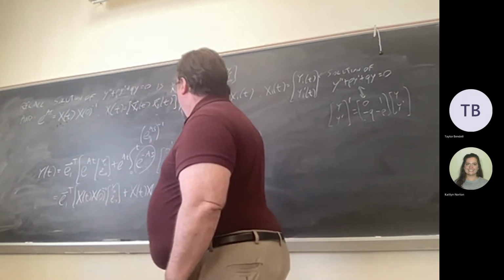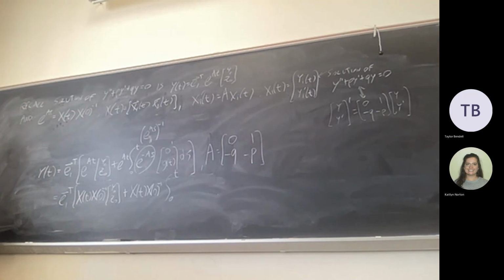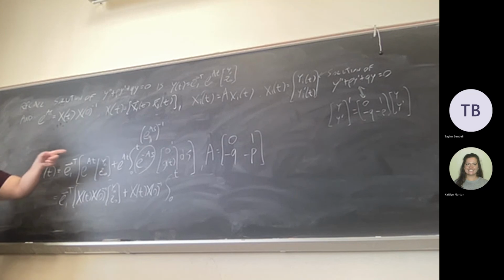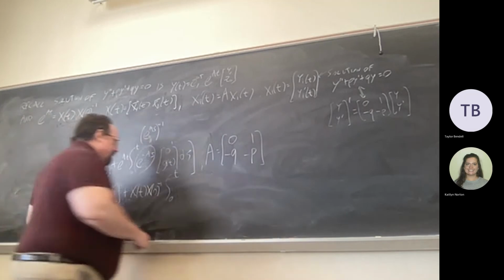So now I need to take the inverse of this and put it in there with s instead of t. Now remember, the inverse of a product is the product of the inverses in reverse order. So when I put a of s, e to the as inverse in here, I first take the inverse of this, but that's just going to be x of 0.